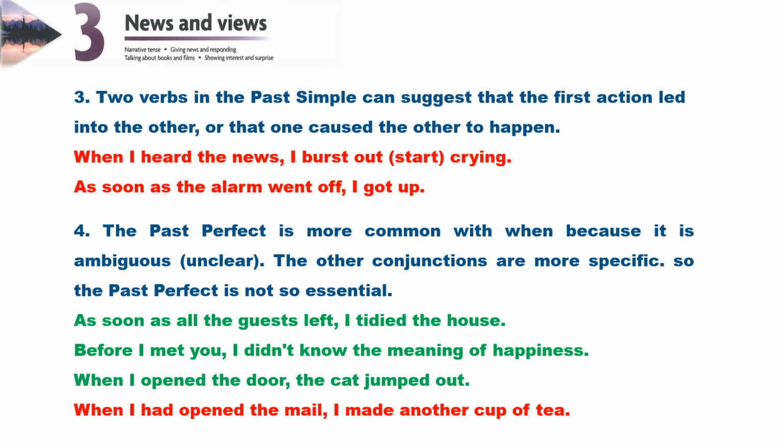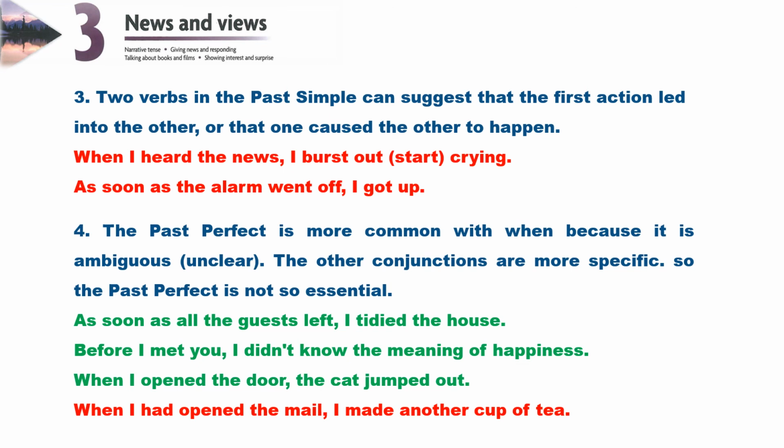When I had opened the mail, I made another cup of tea. So I used when here because I'm using past perfect tense. I had opened the mail. And without when, the sentence will be unclear. If I said I had opened the mail, I made another cup of tea, it would not give me any sense or meaning.